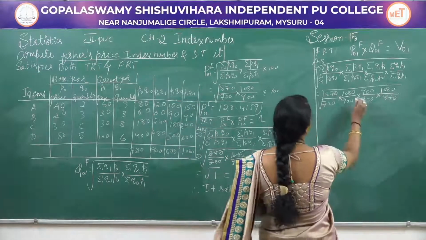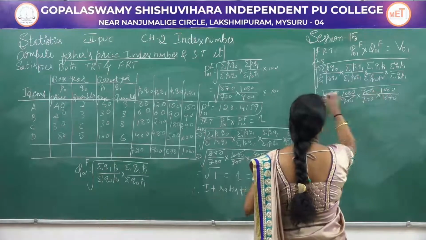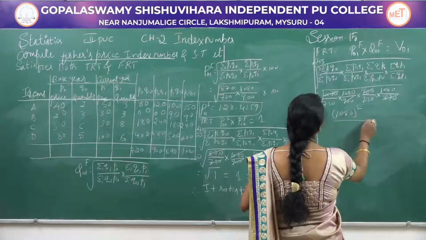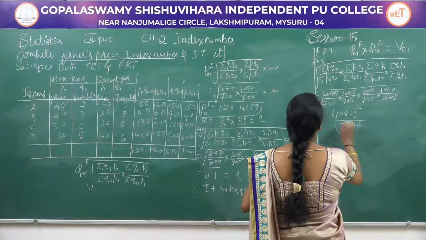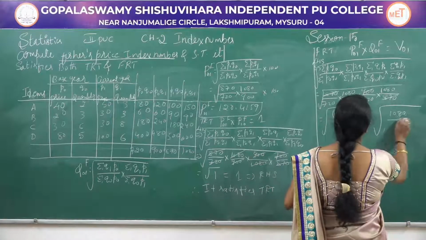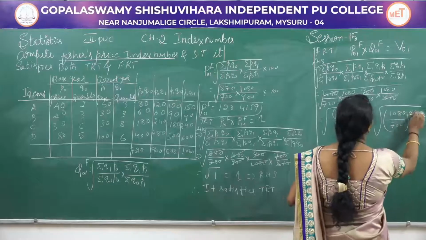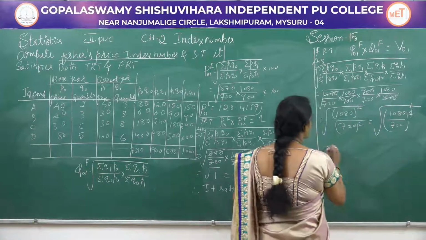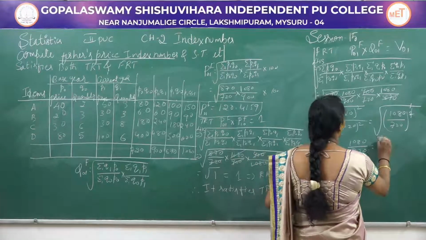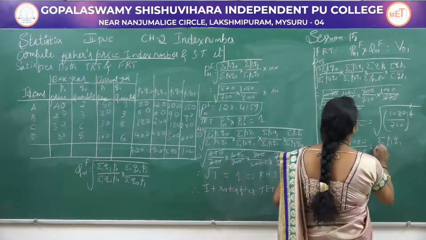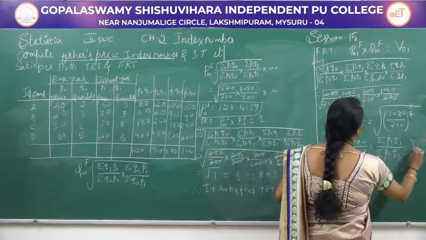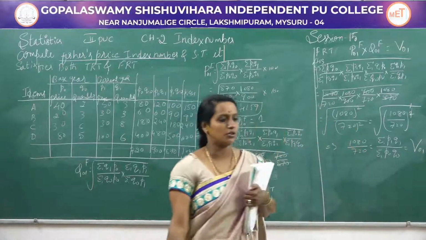Now you have to cancel. It is 900, 870. Remaining is 1080 the whole square by 720 the whole square, the square root, and this is square root of 1080 by 870 whole square. Square and root will get cancelled, so remaining will be 1080 by 720. This is nothing but summation of P1 Q1 by summation of P0 Q0. This is your value index, that is V01.